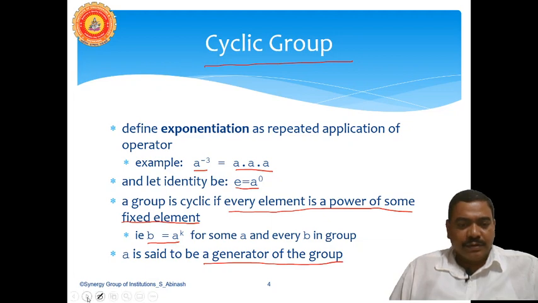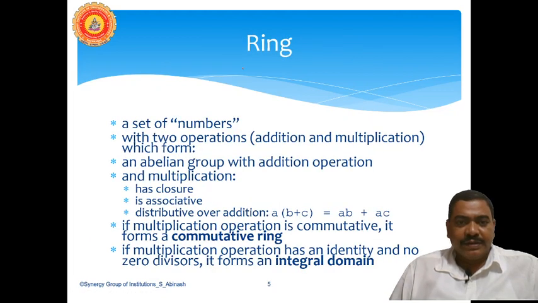Okay, so a ring. A ring is a set of numbers with two operations, addition and multiplication, which form an abelian group with the addition operation. What is an abelian group?